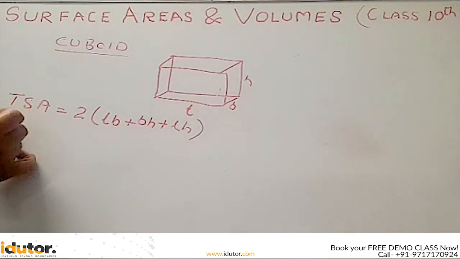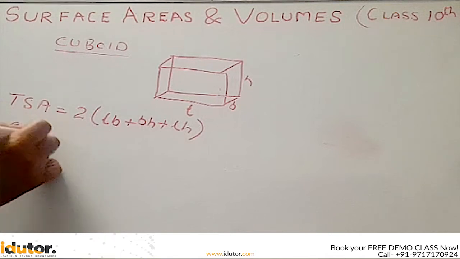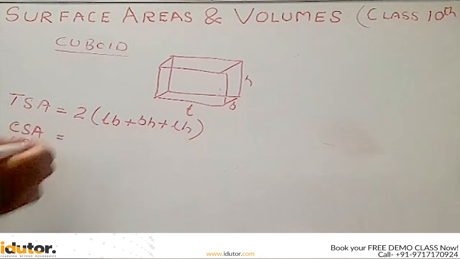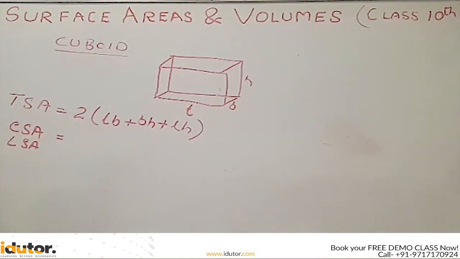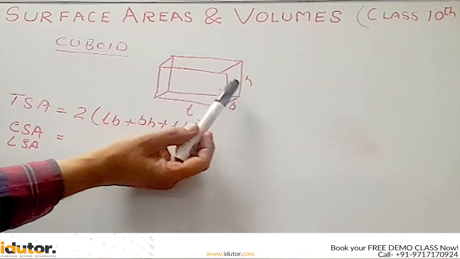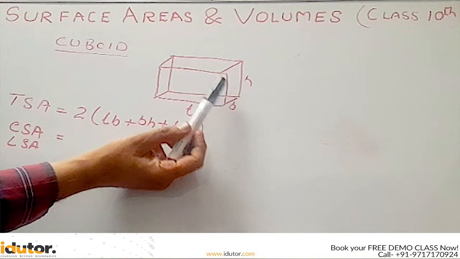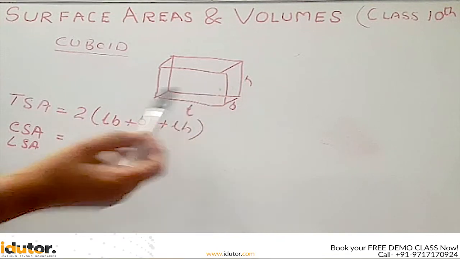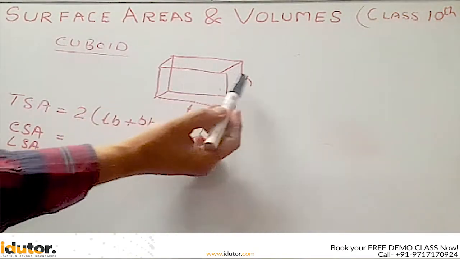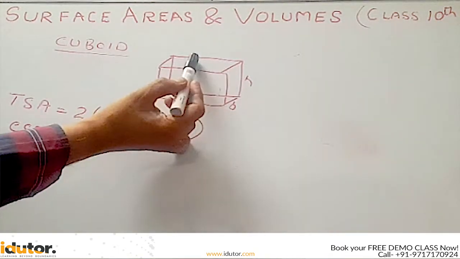After this we have the curved surface area, CSA. We also call it LSA, lateral surface area. Anything we can discuss. In the case of lateral surface area, we have the side portions only, that is 4 sides, but we don't have the upper side or the lower side, because lateral means all the around sides, not the top, not the bottom.